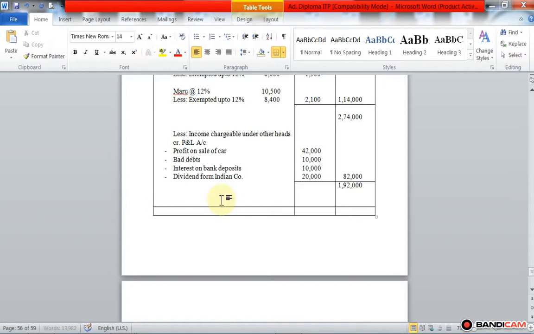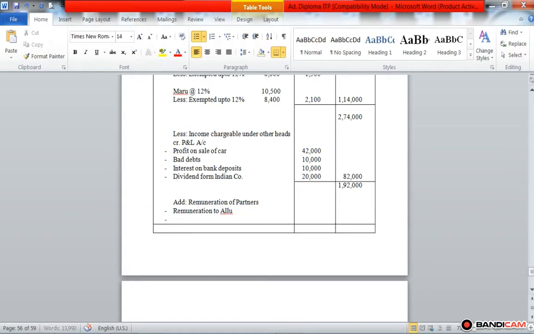Then we add remuneration of partners. So here first, remuneration to Alu.